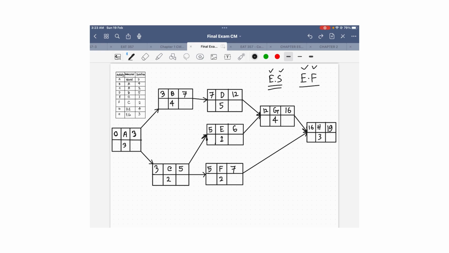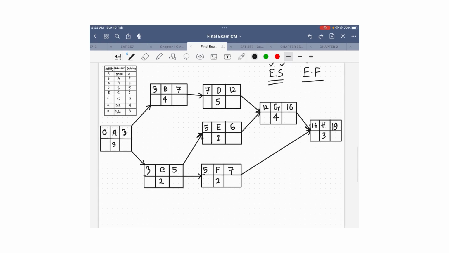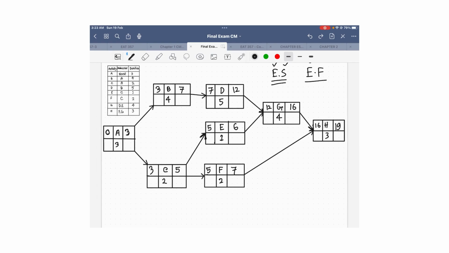For the backward pass, I just write the 19 here. 19 and 3, I subtract, I get 16. Then I take 16 here and also 16 here. 16 and 4, I subtract, I get 12 here. For this 16 and 2, if I subtract, I get 14.